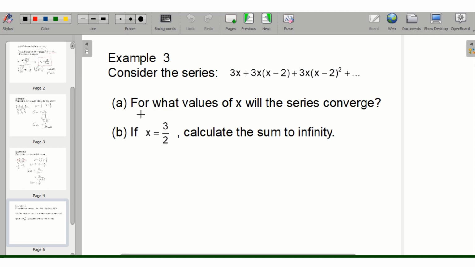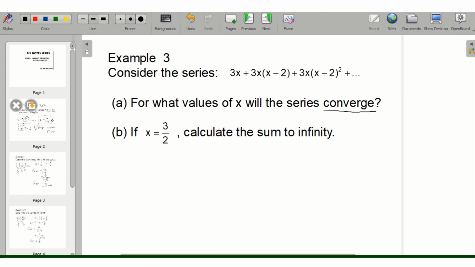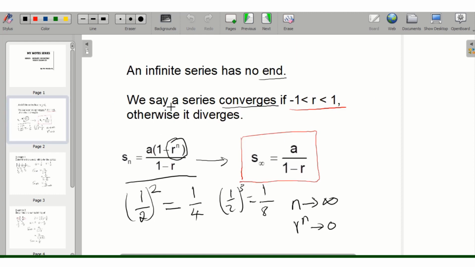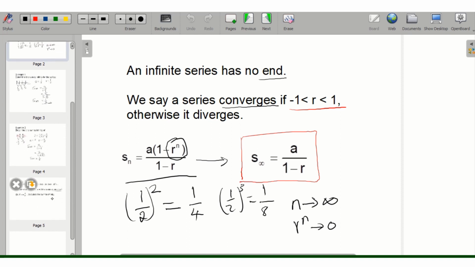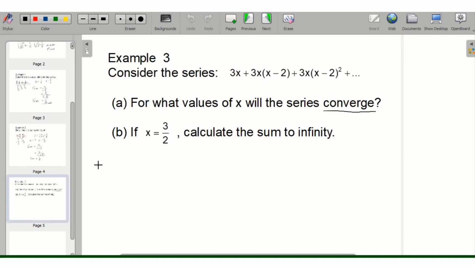The first question says, for what values of x will the series converge? If you remember when we were introducing this part, we said a series converges when r is between minus 1 and 1. So that is the condition for convergence.